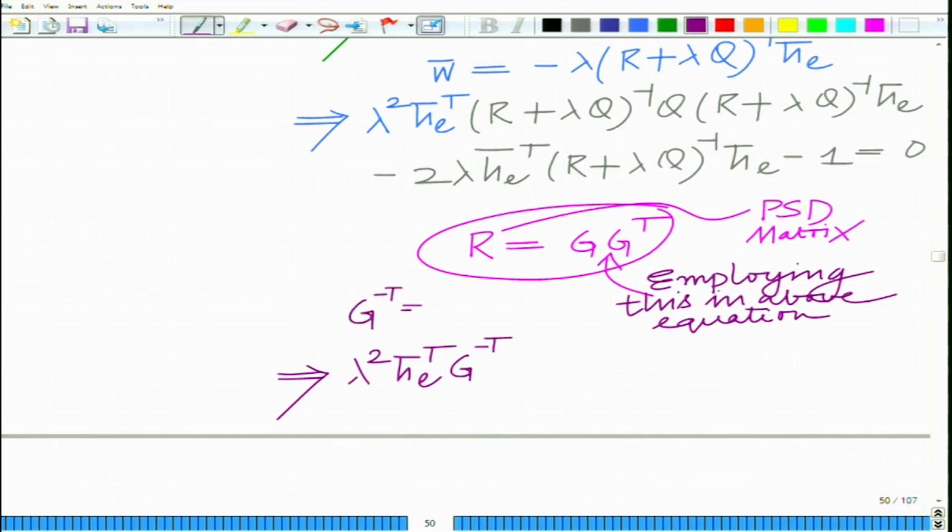You can think of G minus transpose, or G transpose inverse, or G inverse transpose, all of them are the same.